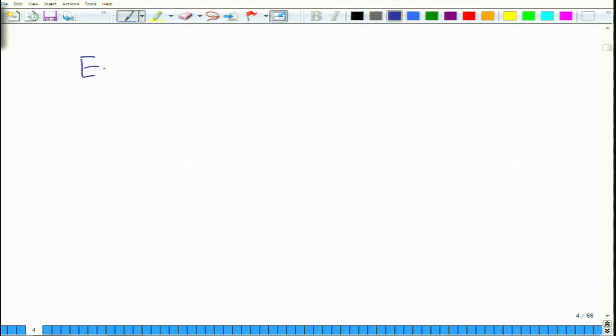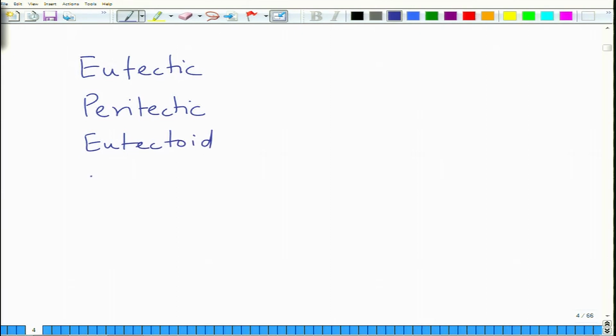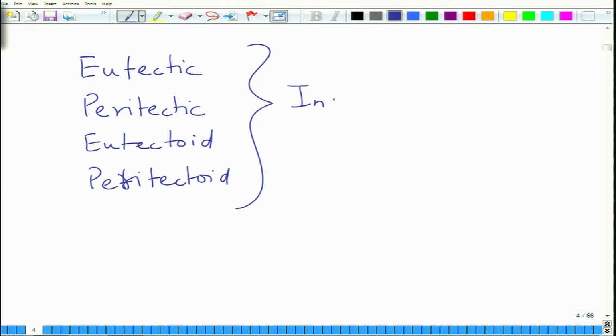So, all the reactions, eutectic, peritectic, eutectoid, peritectoid, they are all invariant reactions. And what this means is that this is for a binary system where these reactions show that you have invariant reactions.